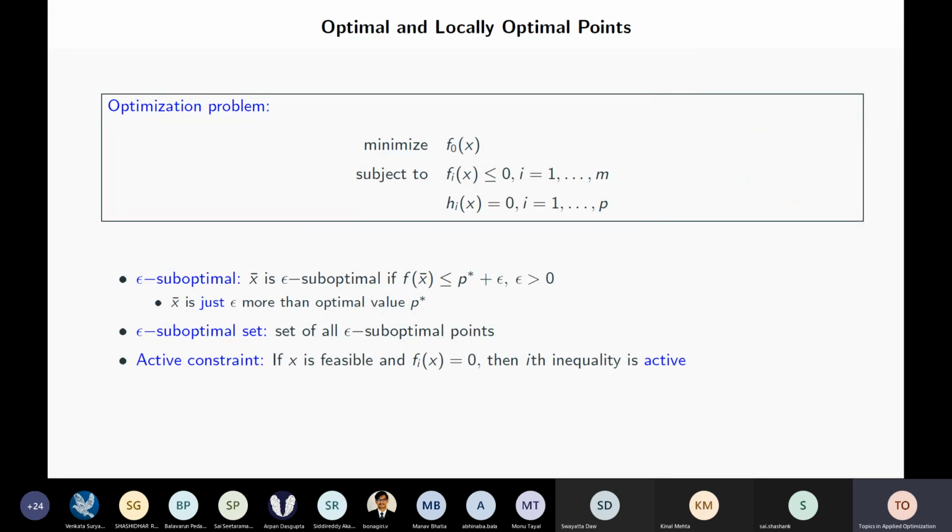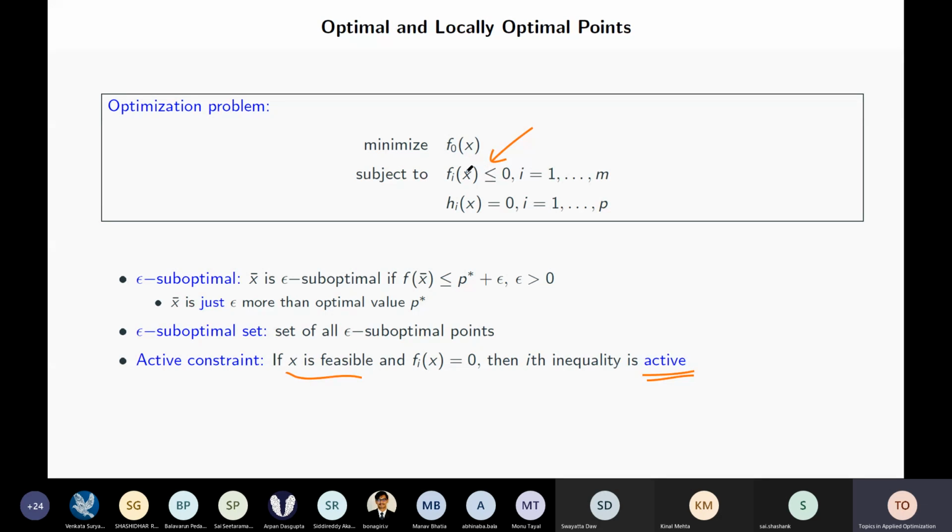What is an active constraint? If x is feasible and fi(x) is equal to 0 for that x, then the ith inequality is called active. This active and inactive will come a bit later, but for the moment you memorize it. I'm not going to say too much about active and inactive right now, maybe after one class, but for now let us just remember this. If x is feasible and fi(x) is exactly equal to 0, because remember in an inequality we have both possibilities, it could be less than, as well as equal for some x.